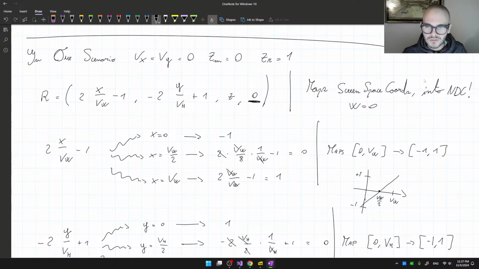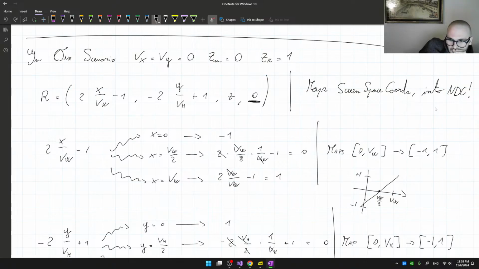And this makes much sense because earlier we said that W must be greater than 0. So all the math is just the mapping, okay?